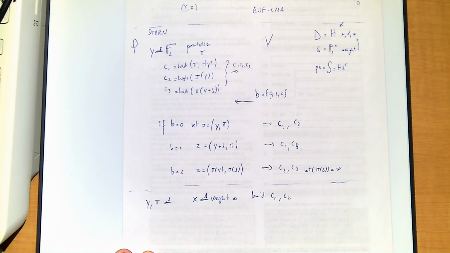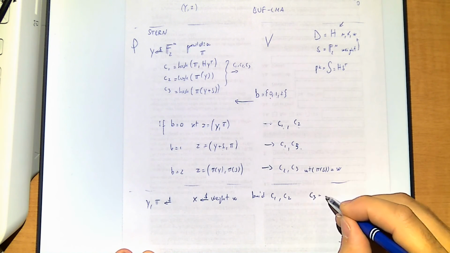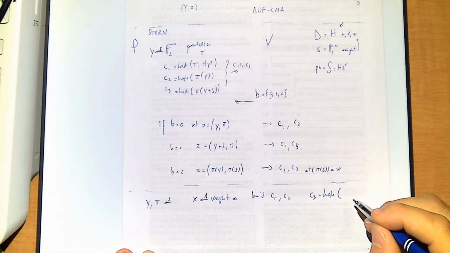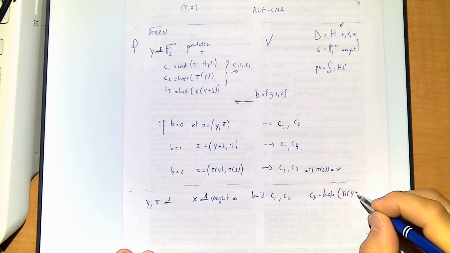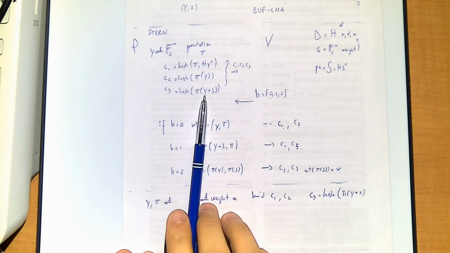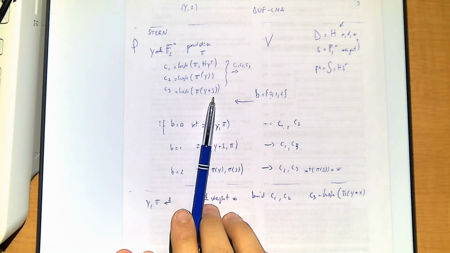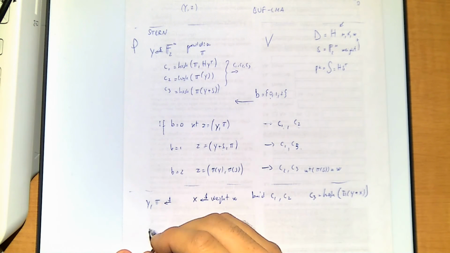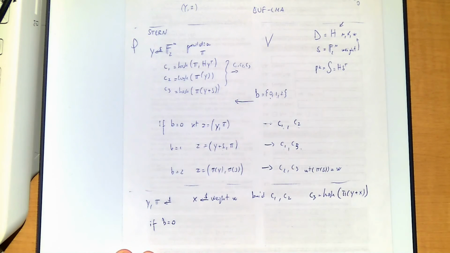C3, which is going to be the hash of pi of y plus x. So instead of doing pi of y plus s, you don't know s, you just choose another vector of the same weight and set C3 to be that. And so now, if b is equal to 0, you can easily reply with y and pi, because you've got y and pi.